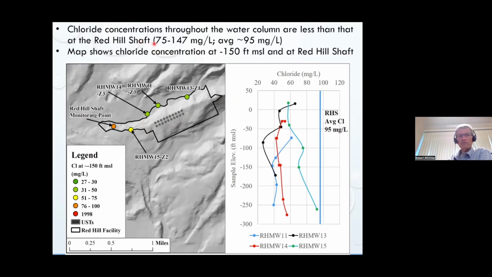The Red Hill shaft chlorides vary from about 75 to 147 milligrams per liter. And that seems to vary positively with pumping, in that as you increase pumping, you go to the higher chloride concentrations. So if we're not getting the chlorides from directly beneath, where is it coming from?